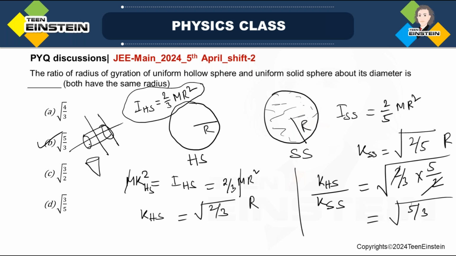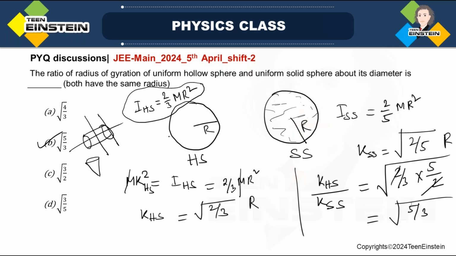There are a few standard geometries for which you must remember the moment of inertia, so that in the exam hall you don't have to spend a lot of time to solve this kind of problem, and you will get full marks also.